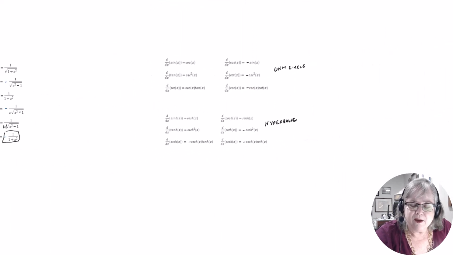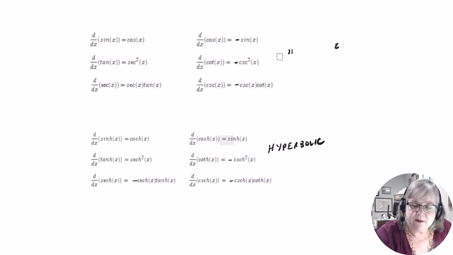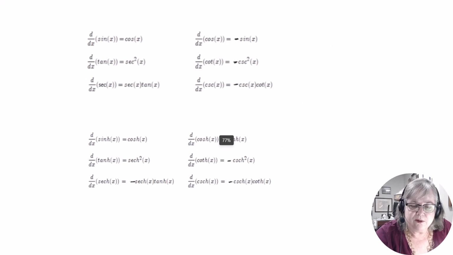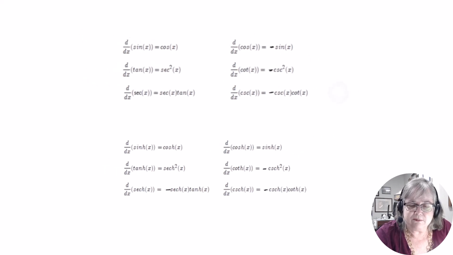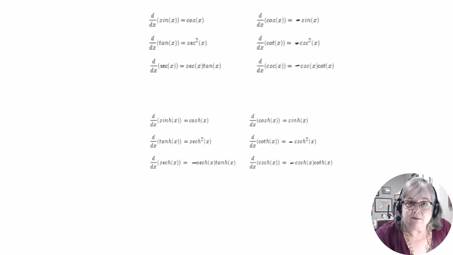All right. But what I want you to notice here is you may have noticed that in the typical trig unit circle functions, if it starts with a c, so the derivative of cosine, the derivative of cotangent, the derivative of cosecant, they all have a negative. And if you picked up on that pattern, that's good. Okay, it's always good to pick up on a pattern, but please notice that it's not true here.